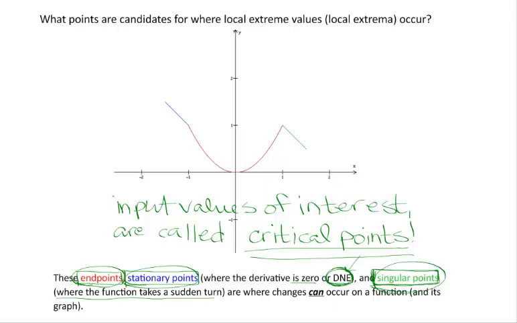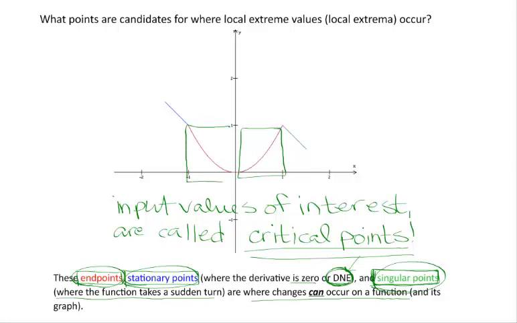These are the only places where a function can have an extreme value. That's it. Those are the only candidates where a function can have an extreme value. The function will not have an extreme value any place else.